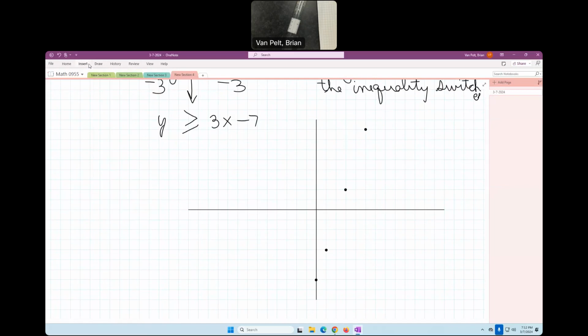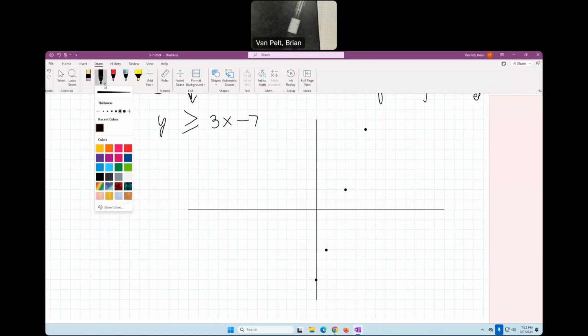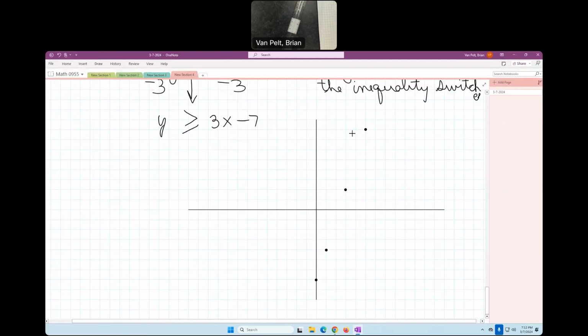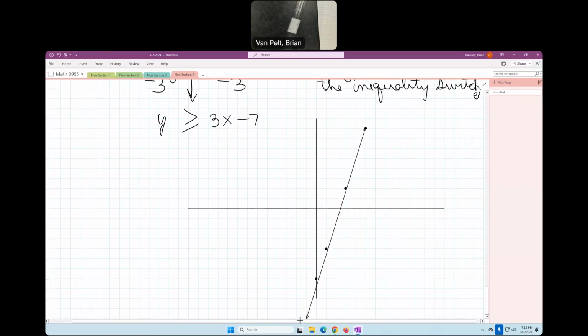Let's get a line through all that. Solid line as we've agreed, so I'll put that through.